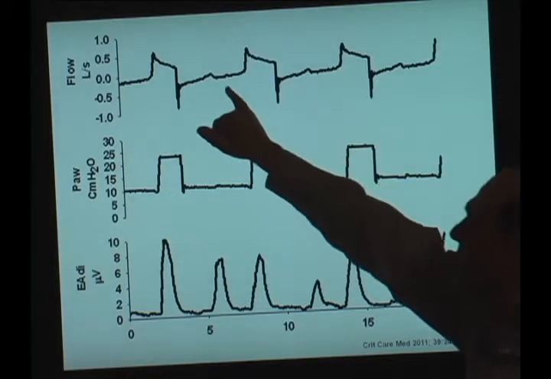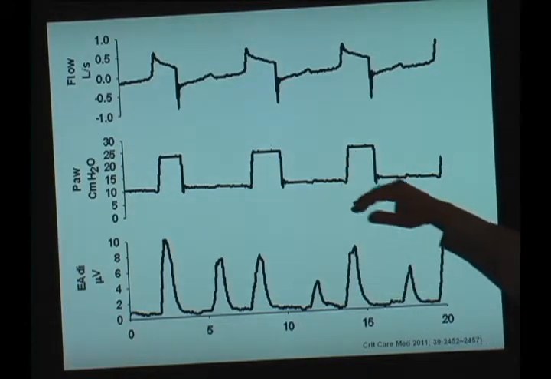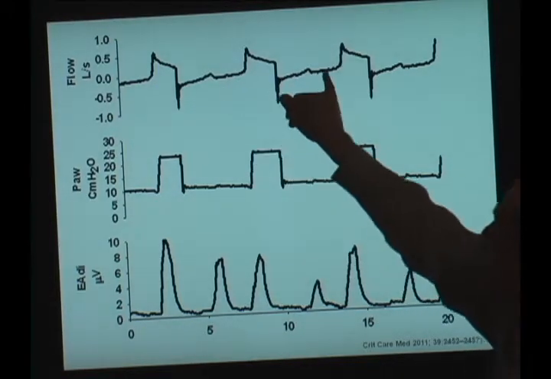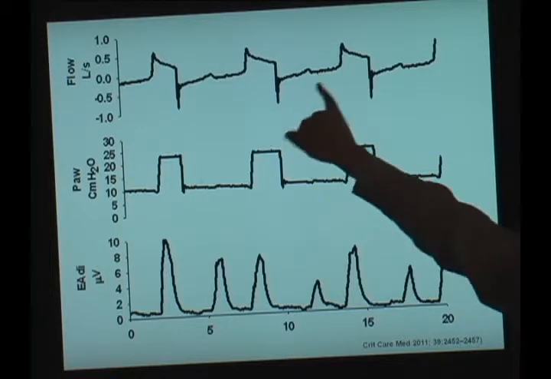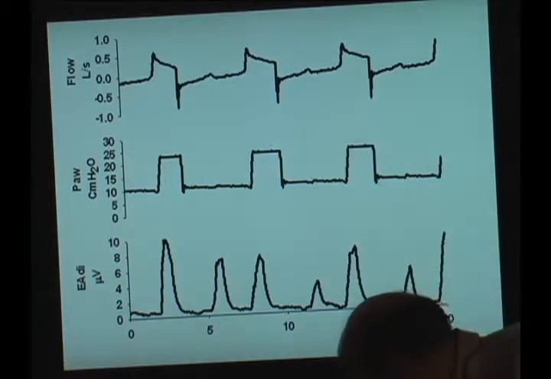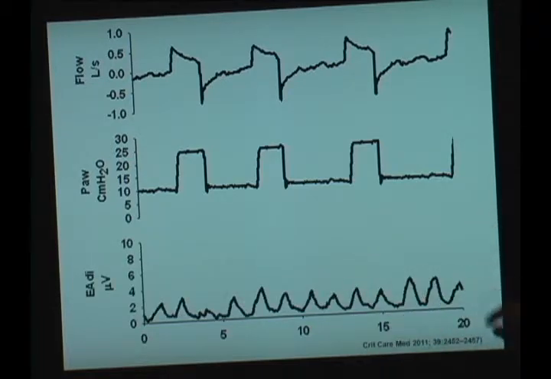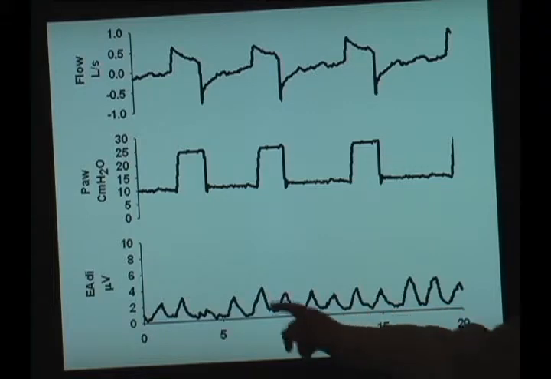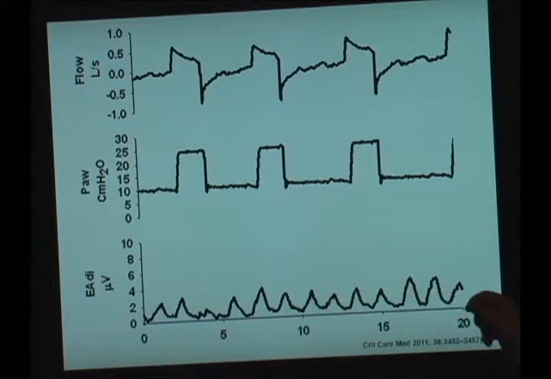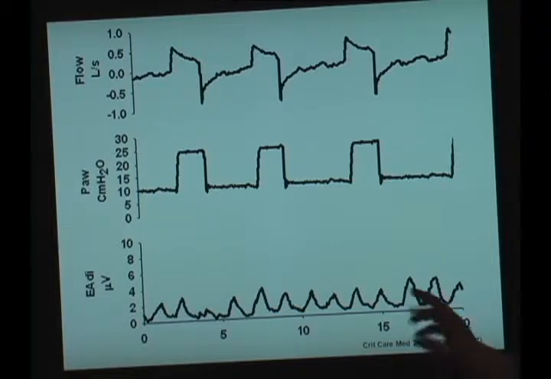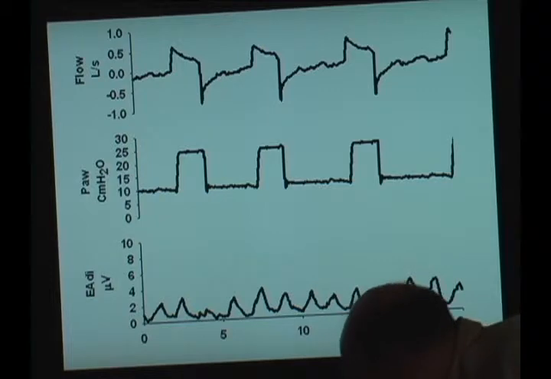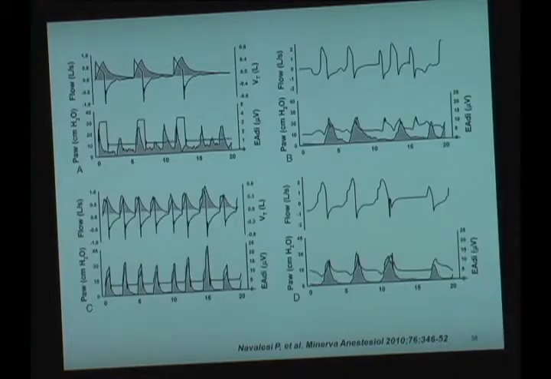I don't know if, without the electrical activity, anyone is able to identify this just by looking at the ventilator. Another one is a more secreting patient, and we have a lot of electrical activity that is completely out of phase with the ventilator activity.